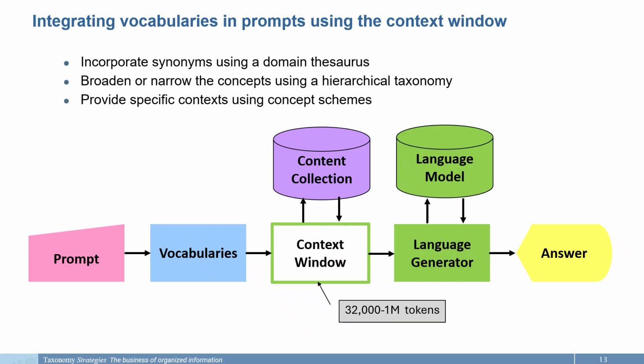Large language models predict the next token based on the input sequence, and by manipulating this input, one can affect the model's output. The ChatGPT context window is capped at 32,000 tokens. A token is roughly equivalent to 4 characters or about 3/4 of a word, but processing large context windows can be computationally expensive and slow.